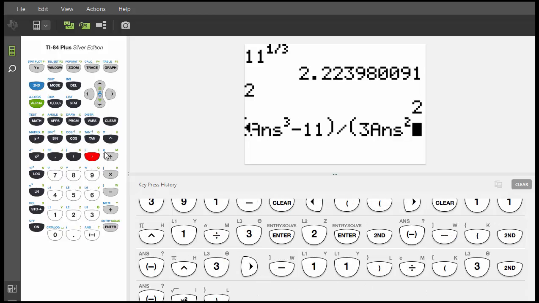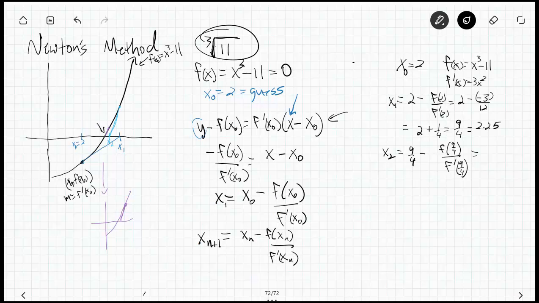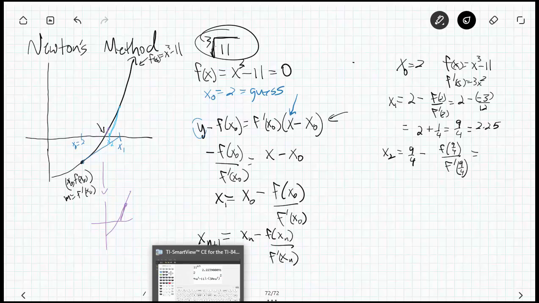Now I have to use these parentheses because otherwise what my calculator will do is only divide through by the 3 first and then multiply by the answer squared. And if we look back on this, what I need is that 3x squared down here, okay?